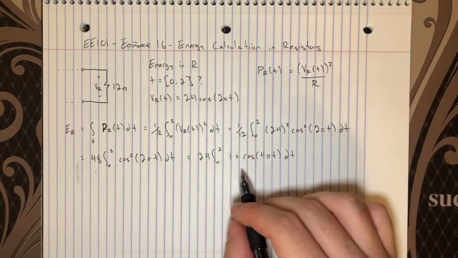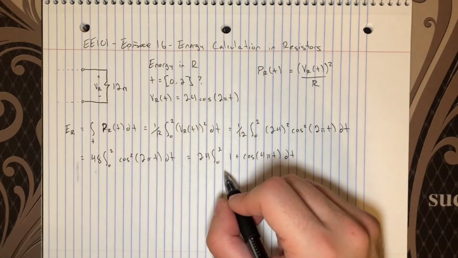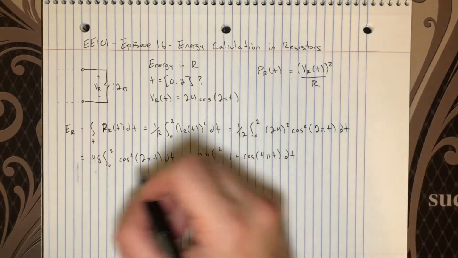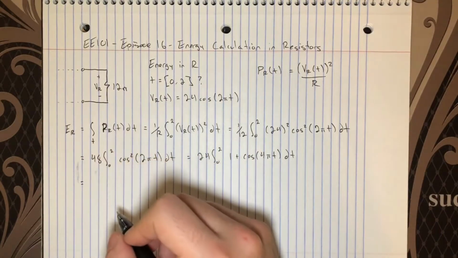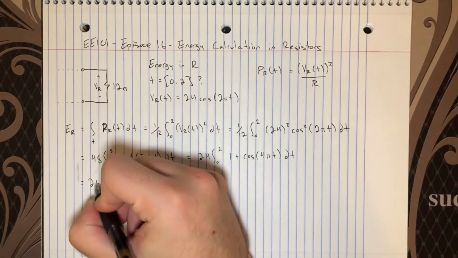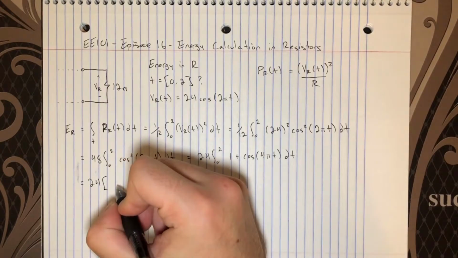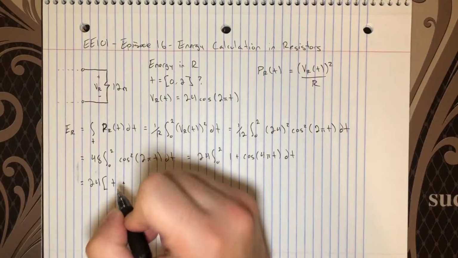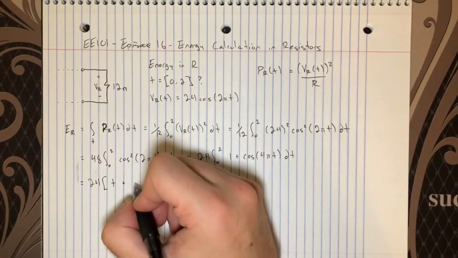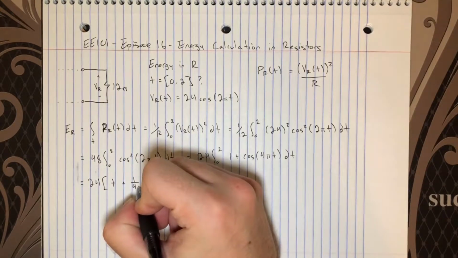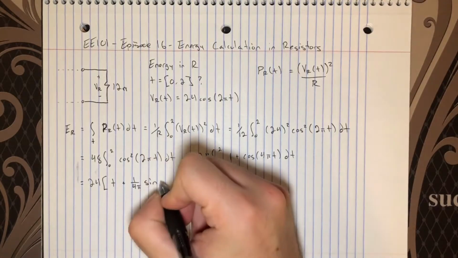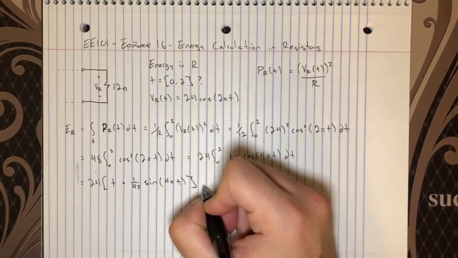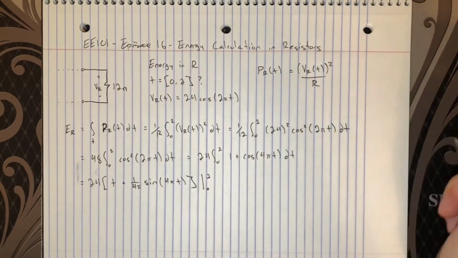Now I'm finally poised to evaluate the antiderivative. We have 24, and inside it's t plus 1 over 4 pi sine 4 pi t, evaluated from 0 to 2.